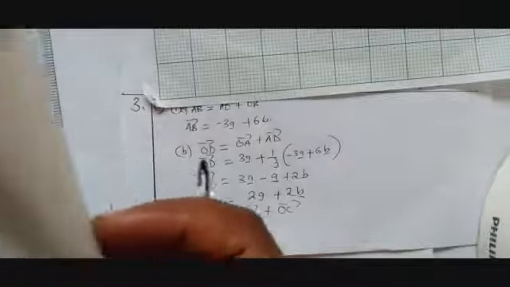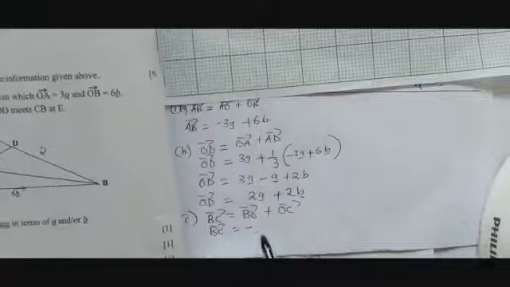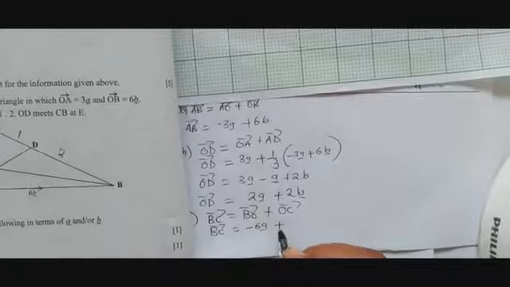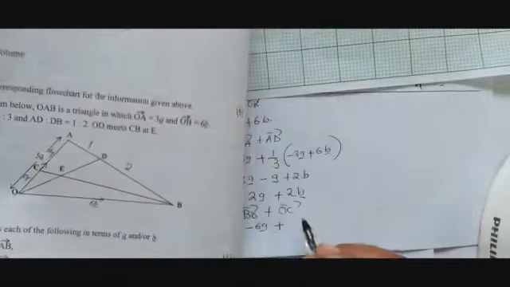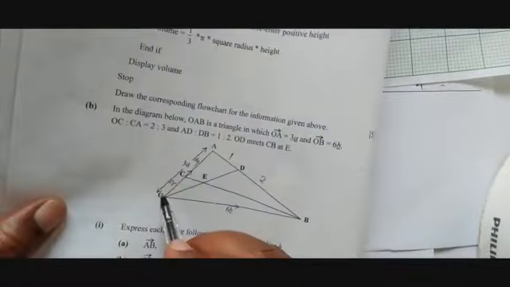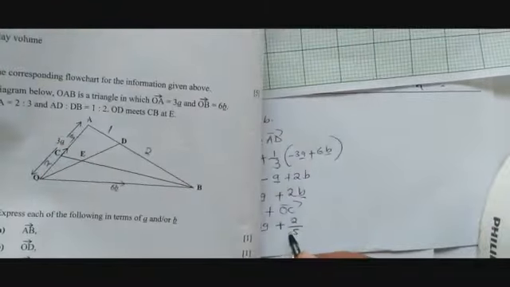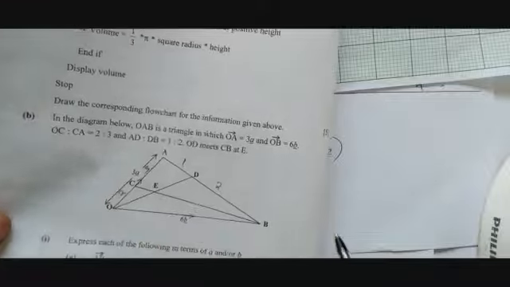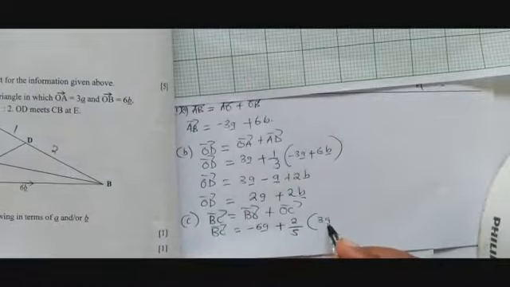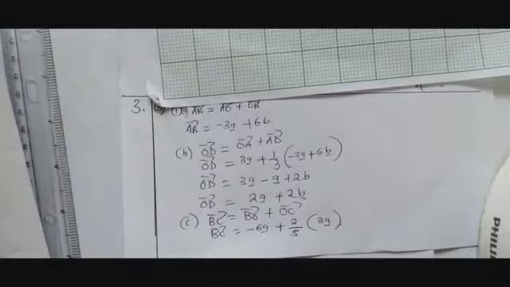Look, you're moving from B to O, you're going against the direction of the vector, so it will be negative 6A plus OC. Look, O to C, it is 2 over, but from O to A, it is 5. So this is 2 over 5 of vector OA. And what is vector OA? This is 3A. All right? And that is your answer there.